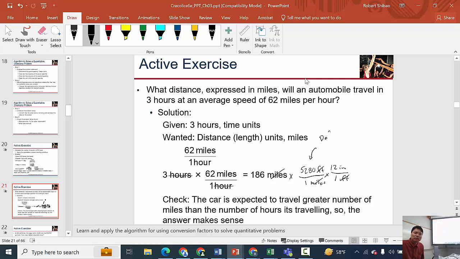In a definition, we use 5,280 feet, and then we use 3 lines to mean equivalent to 1 mile. The definition shown by these 3 lines is what we call exact. So it's not approximately 5,280 feet, it's exactly 5,280 feet because that's how it was defined.